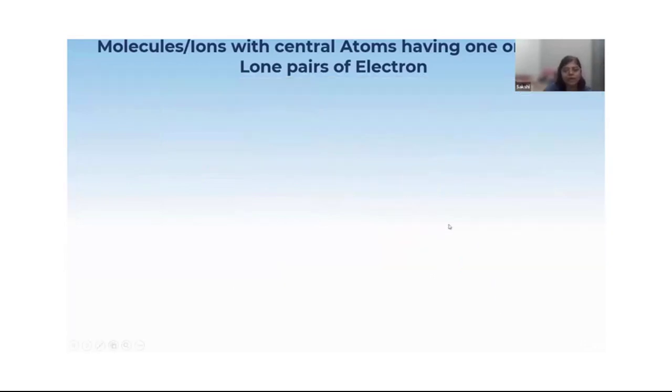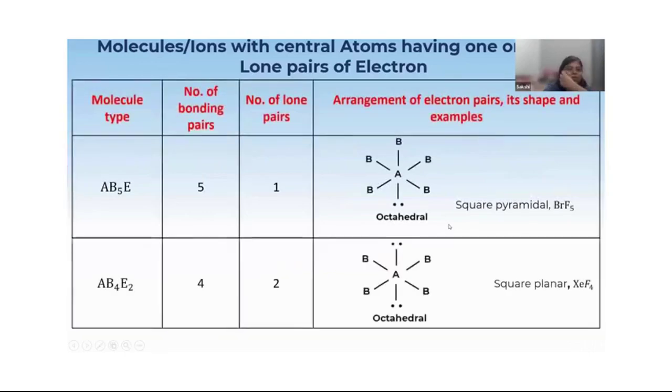Okay, let us move next. Number 6. If there are 6 pairs in total, adding bond pairs and lone pairs, the geometry should be octahedral. But if there is one lone pair, now the example is BrF5.